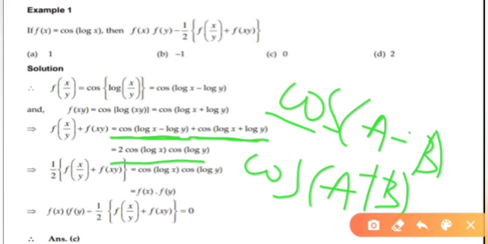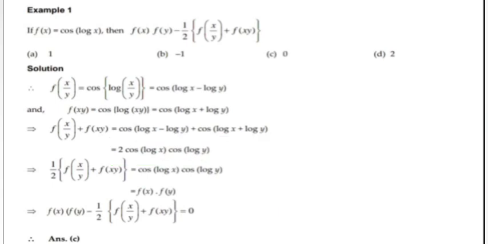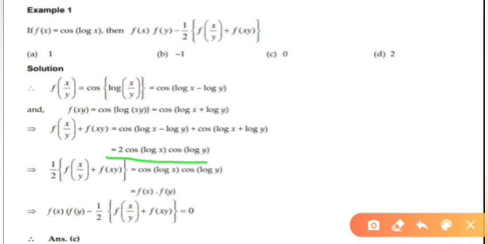This one is cos a cos b plus sin a sin b, and this one is cos a cos b minus sin a sin b. Plus sin a sin b minus sin a sin b get cancelled, only cos a cos b remains, where a and b here are log x and log y. Therefore we get 2 times cos log x into cos log y.